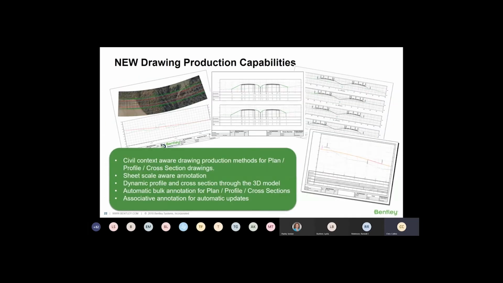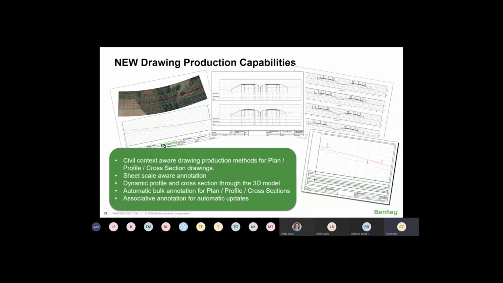And then of course, the biggest thing: if you were in SELECTseries 3 and 4, and you were using the OpenRoads technology in those products, when it came time for plan preparation and drawing production, you had to do what we call the left turn. That means go back to your native products or your legacy products and finish out your sheeting and plan production in those particular products.